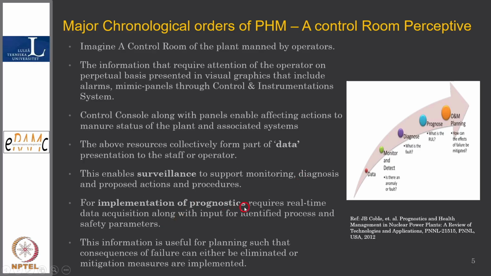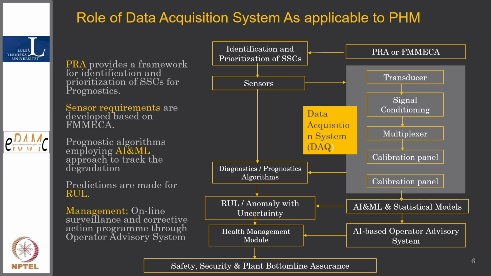If a prognosis is there, we either do a one-shift recovery job or do it in one month, depending on what kind of prediction has been made and how much time is available. So we can correlate this whole thing with the plant control room scenario also, and see how we look at it.